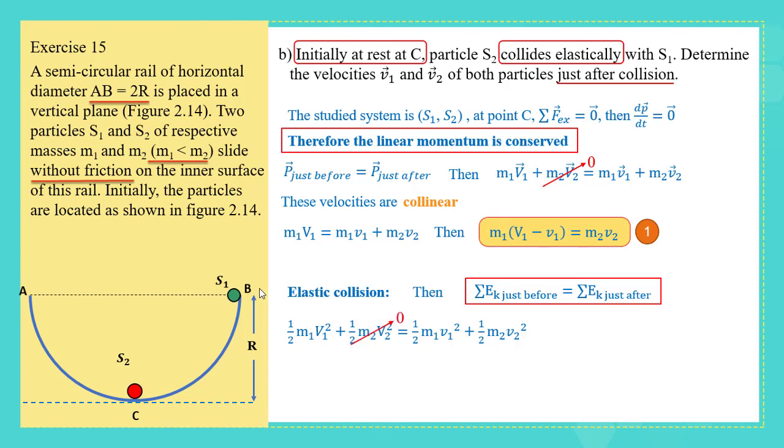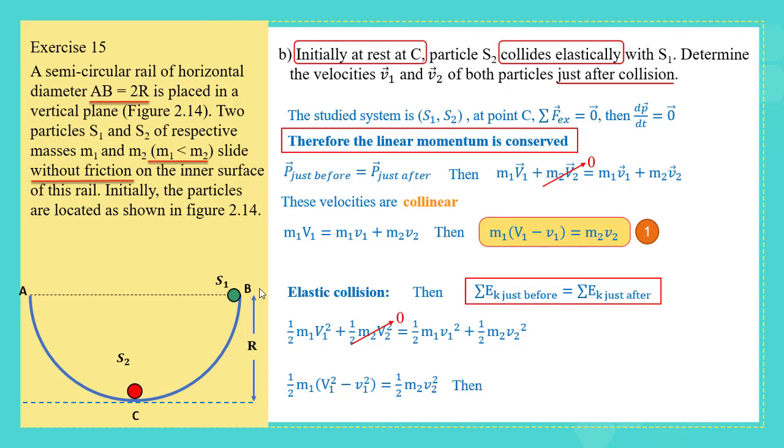And remember that S2 was initially at rest, so its kinetic energy is 0, and the equation is written as half m1 times (v1 squared minus v1' squared after collision) equals half m2 v2' squared on the other side.